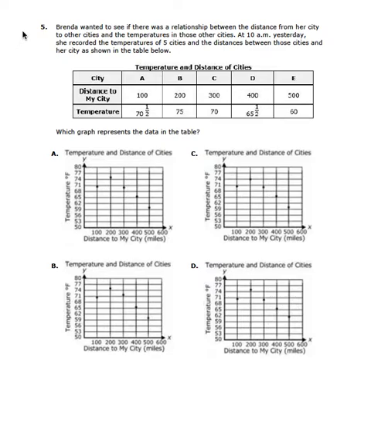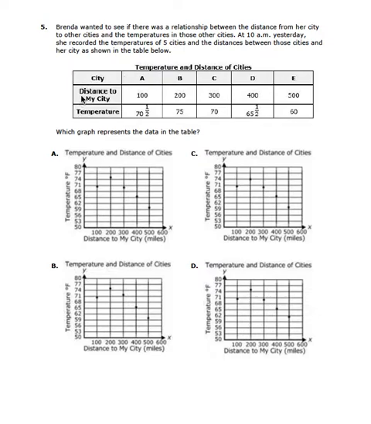Question 5. Brenda wanted to see if there was a relationship between the distance from her city to other cities and the temperatures in those other cities. At 10 a.m. yesterday, she recorded the temperatures of 5 cities and the distances between those cities and her city as shown in the table below. Temperature and distances of cities.